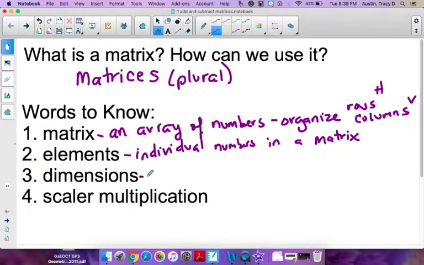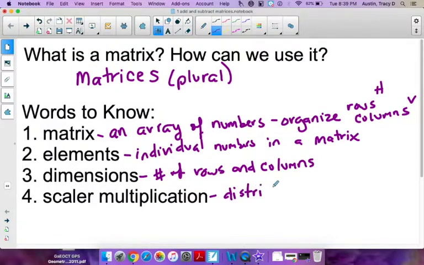Well, now you know. The dimension is literally the number of rows and columns, and yes, it goes in that order, rows by columns, so you count up the number of horizontal rows first, and then you count the number of vertical columns. Scalar multiplication is basically the distributive property for matrices.